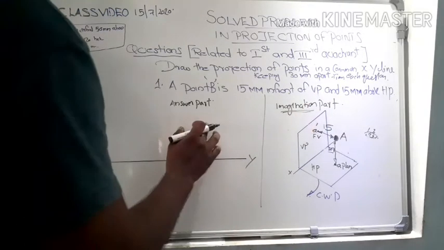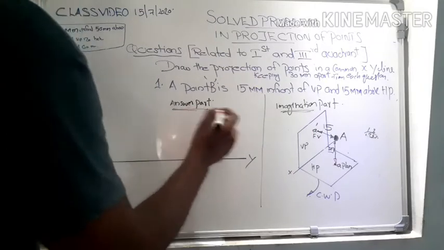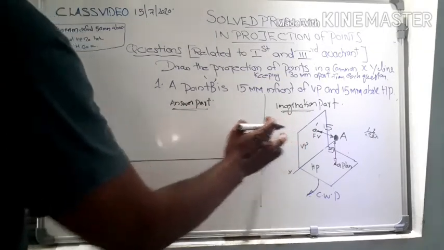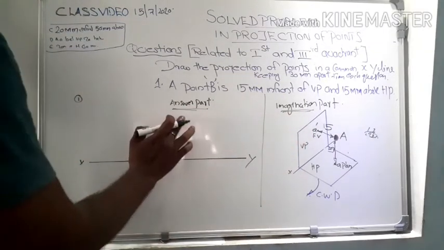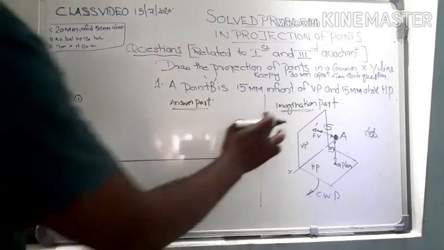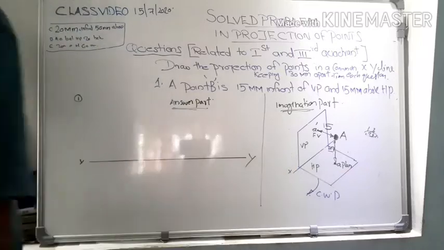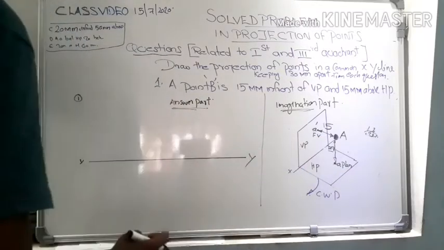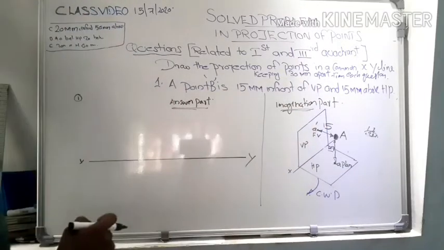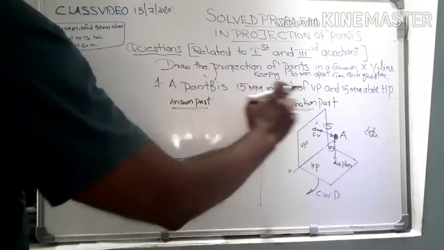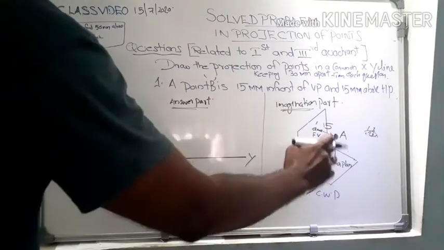While we are answering, there are two parts. First is the imagination part, second one is the answering part. In the imagination part, first we have to draw a quadrant pictorial view with respect to the question. In this question, we have to understand that the point is situated in first quadrant.